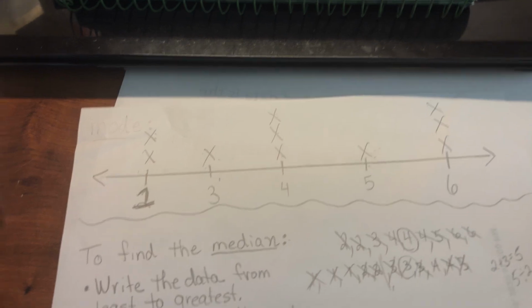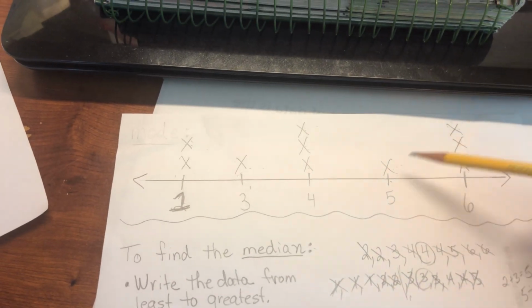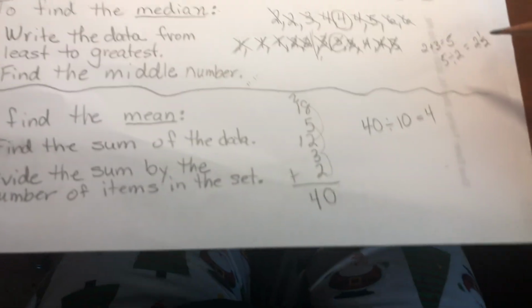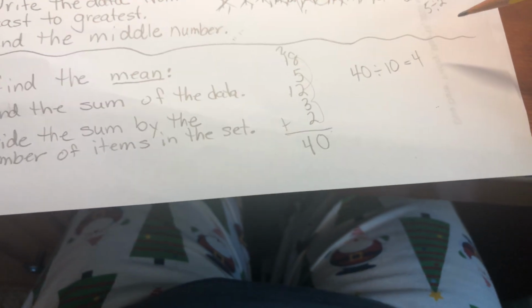So that gives us 40. And we're going to divide by 1, 2, 3, 4, 5, 6, 7, 8, 9, 10. And that's how we get our mean.